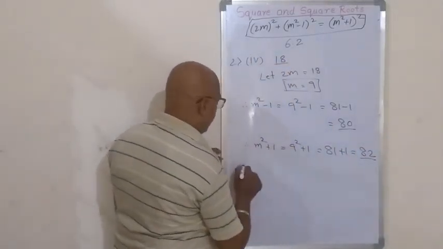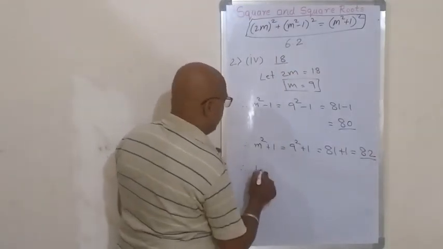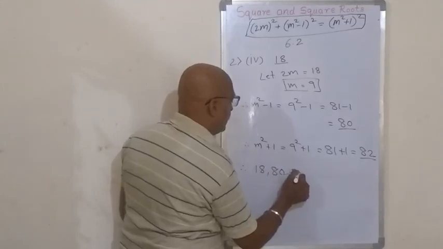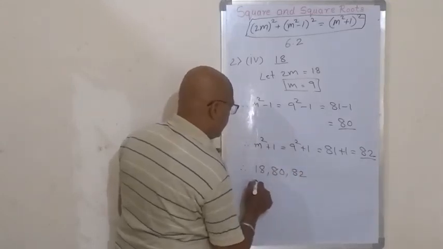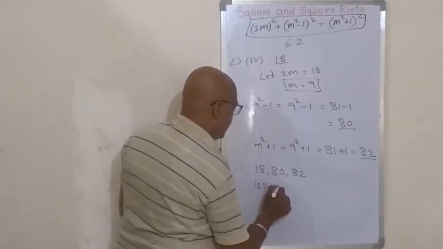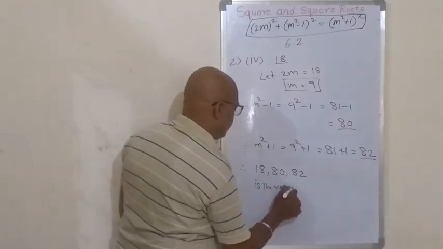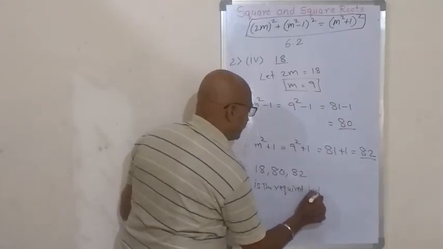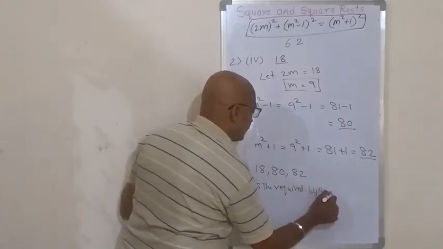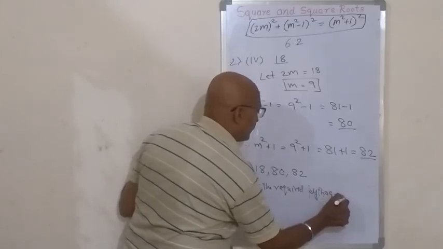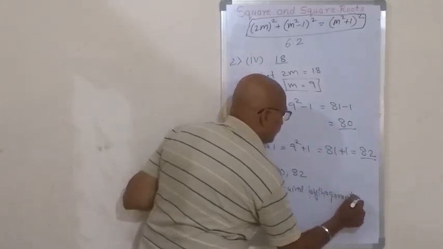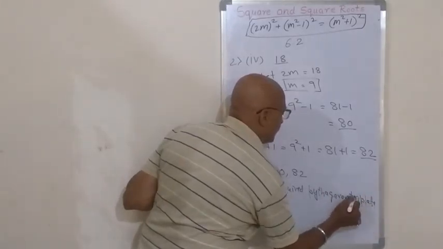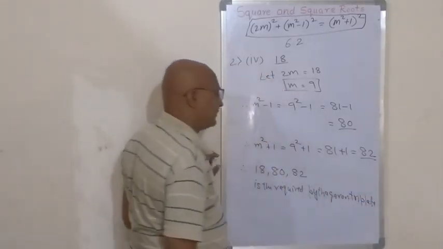So therefore 18, 80, 82 is the required Pythagorean triplet.